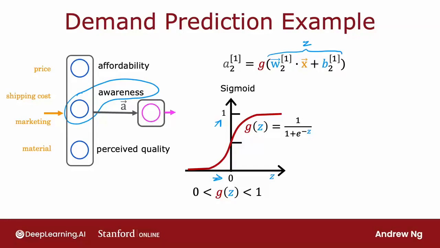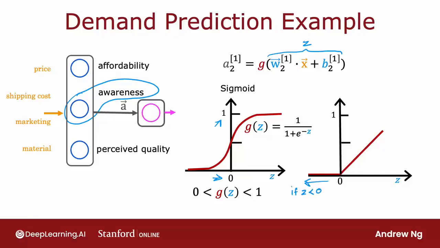It turns out that a very common choice of activation function in neural networks is this function. It looks like this. If z is this, then g of z is 0 to the left, and then it's this straight line, 45 degrees, to the right of 0. So when z is greater than or equal to 0, g of z is just equal to z. That is the right half of this diagram.